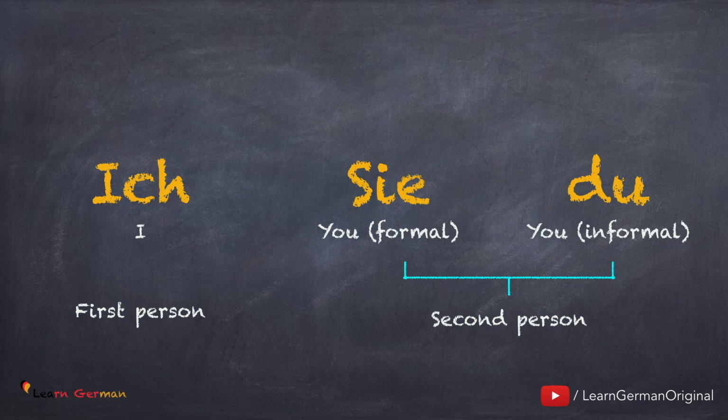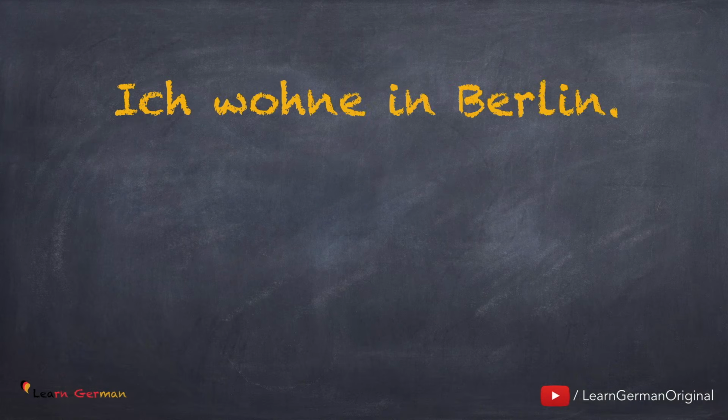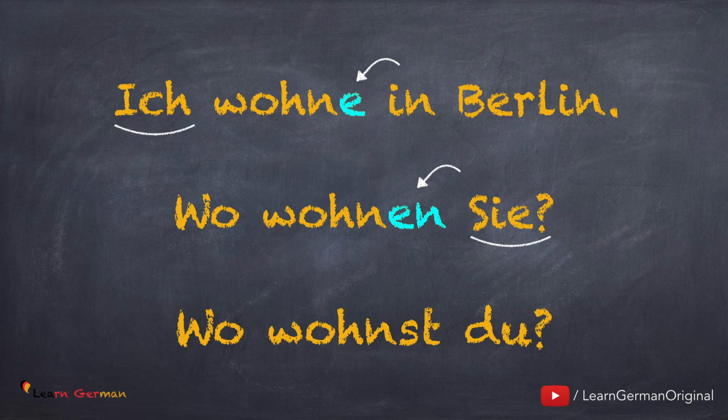Now let's look at the verb conjugation. Here are three sentences. Just look at the pronoun and concentrate on the verb ending. Ich wohne in Berlin. Wo wohnen Sie? Wo wohnst du?